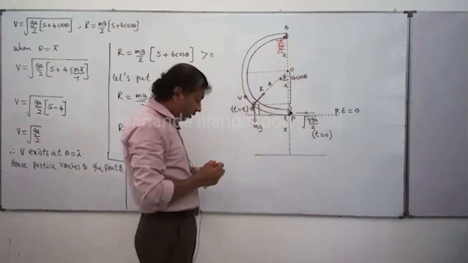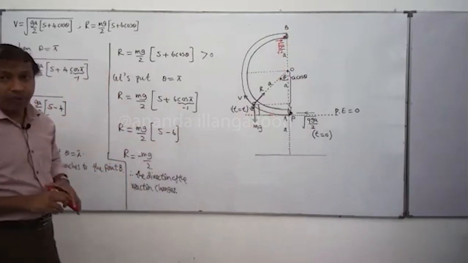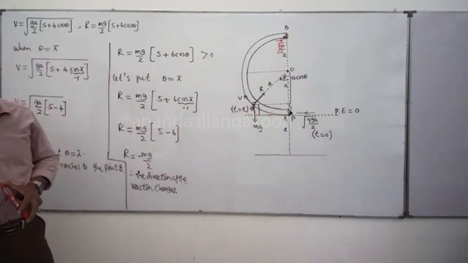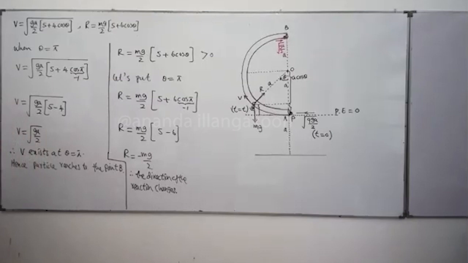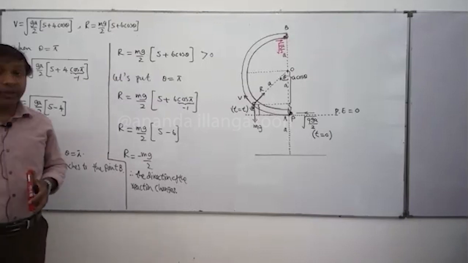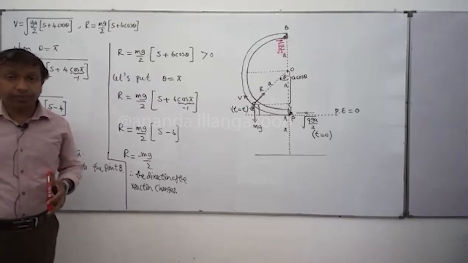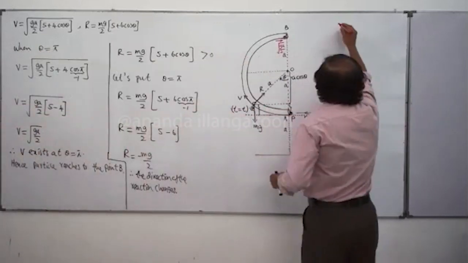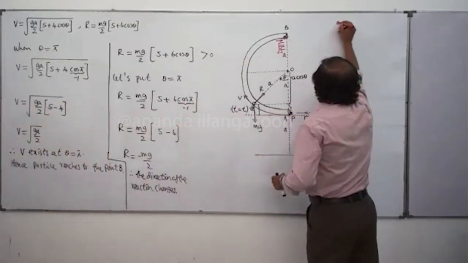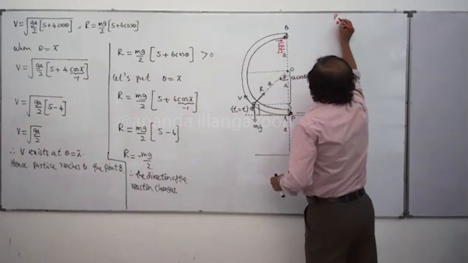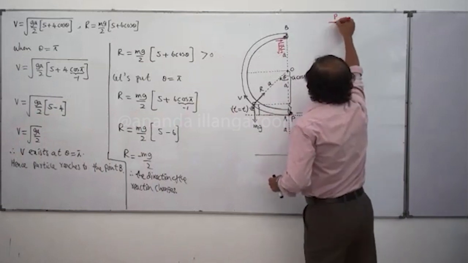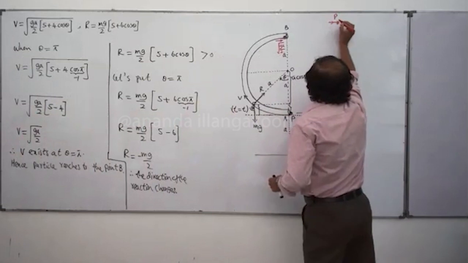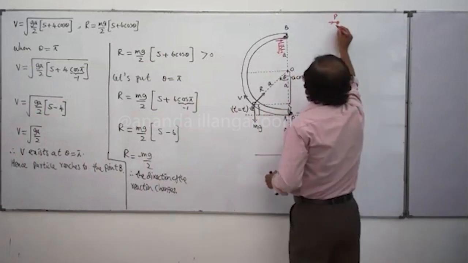Now we are given that once the particle P reaches the point B, there is a stationary particle Q of same mass at the point B. That means here particle P comes like this, to the point B with velocity root GA by 2.